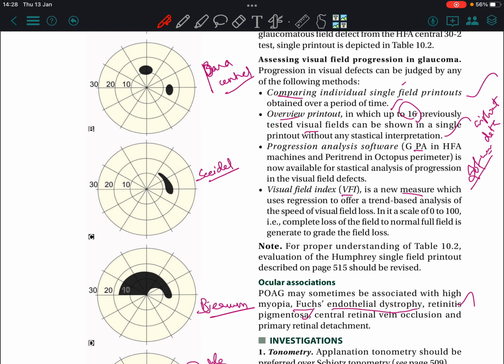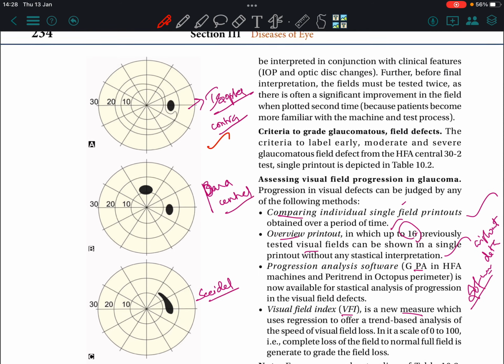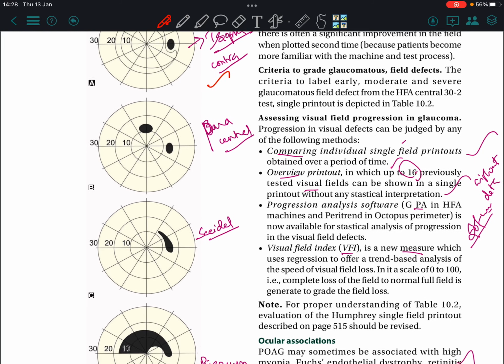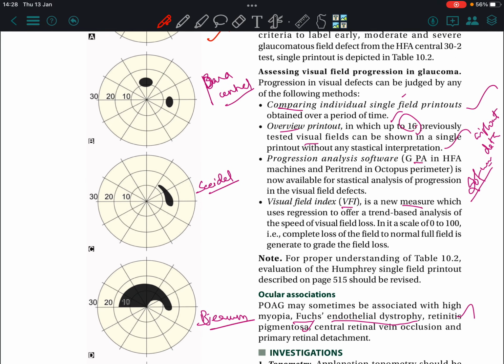Assessing visual field progression in scotoma: comparing the individual single field printouts obtained, overview printout in which up to 16 previously tested visual fields can be shown in a single printout. Progression analysis software is now available for statistical analysis of progression of visual field.